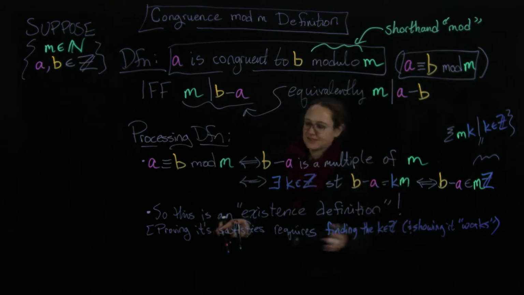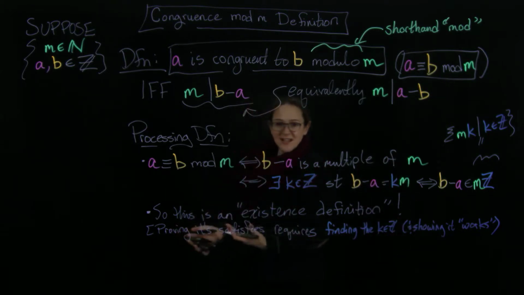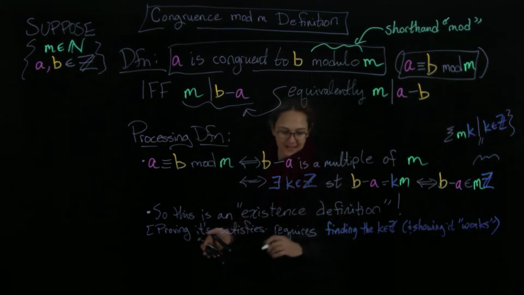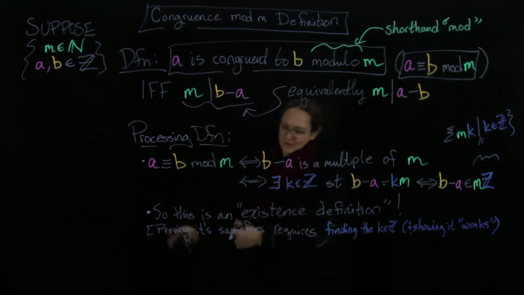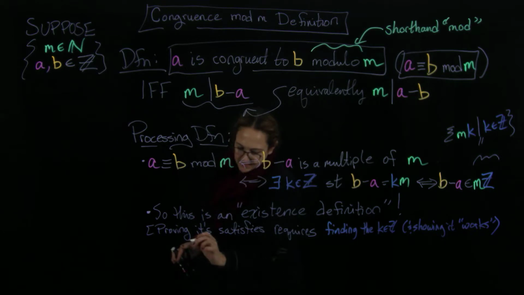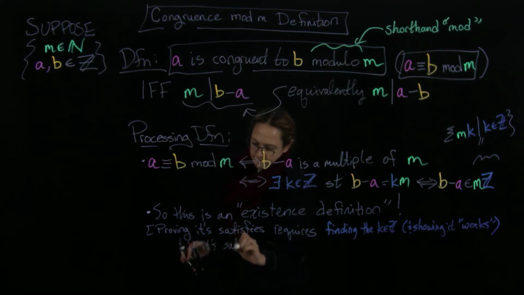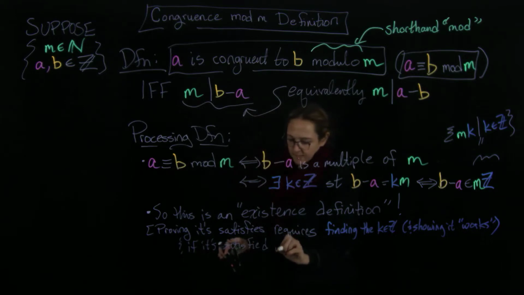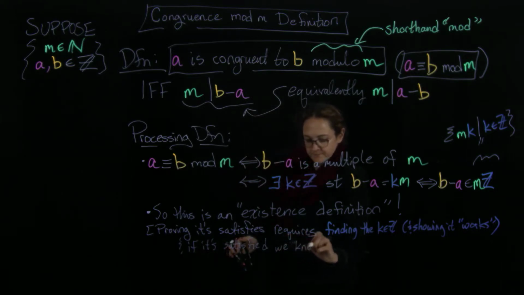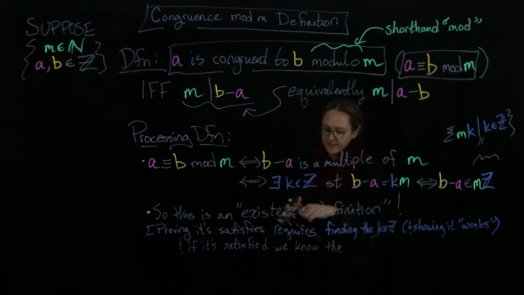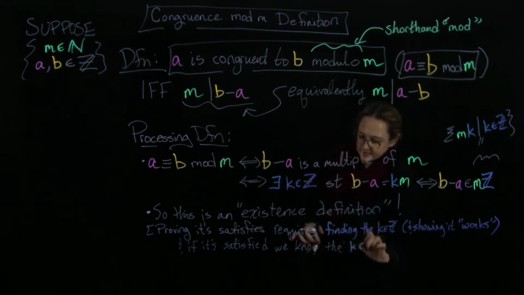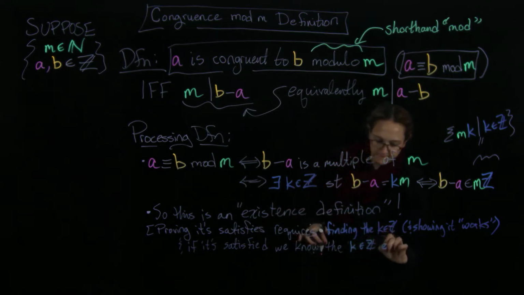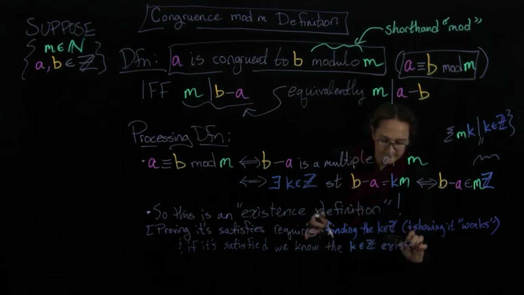But if you know that it's satisfied, then you know that the K in the integers exists, and you can use that in your various proofs.